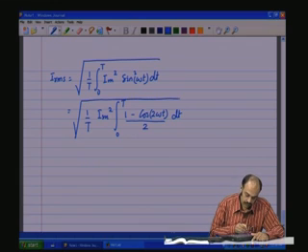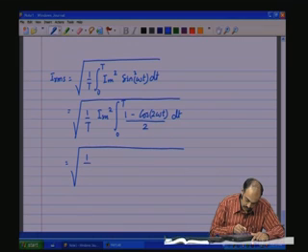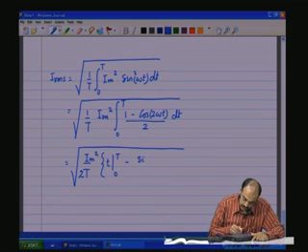Square root, which is equal to square root of the mean 1 by T, Im square, we can take out the 2, integrating 1, that is T from 0 to T, minus sin 2 omega t by 2 omega from 0 to T. This results in T, this results in 0.